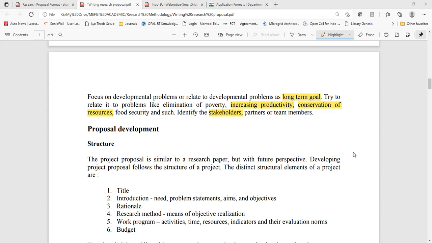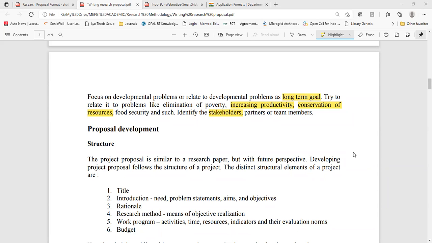Another one is parents. Your parents, they are ultimately paying your fees. They are your family members. Okay, so they are important stakeholders, and industry, because ultimately you are going to do a job in future, or you may become an entrepreneur.